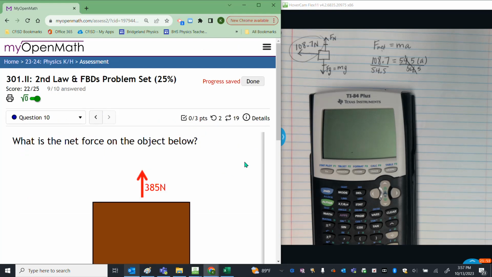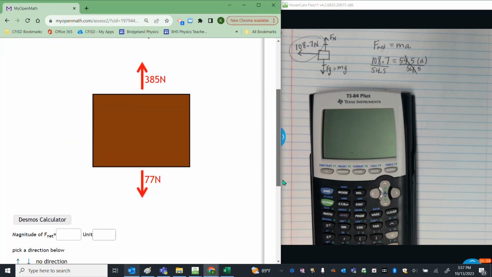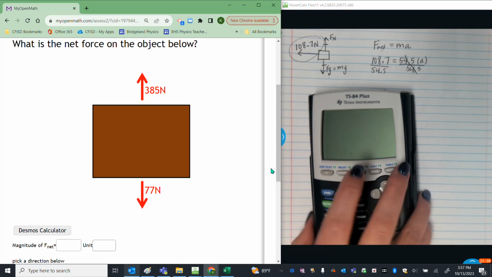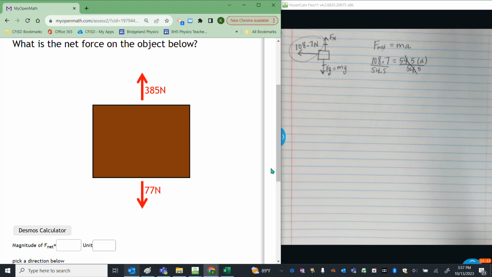All right, this is the last question on your assignment, and it says, what is the net force on the object below? So this is a free body diagram, and I have an upward force of 385 newtons and a downward force of 77 newtons. The net force is the sum of the forces acting on the object, but keep in mind forces are vectors.